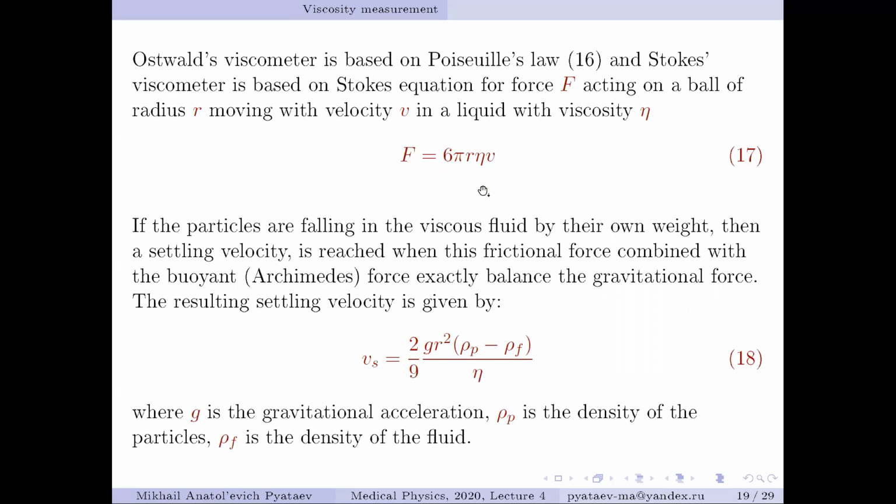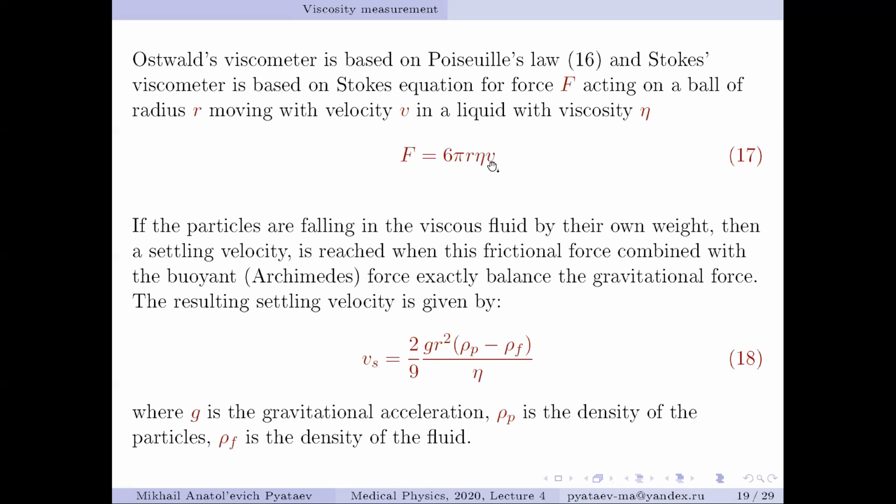So this force is given by equation 17. If the ball moves inside a viscous liquid, then there is a force of viscosity which tends to stop the ball. This force can be found by equation 6 for a spherical object. And one can see this force is proportional to the radius of the ball, to its velocity, and to the viscosity of the liquid.